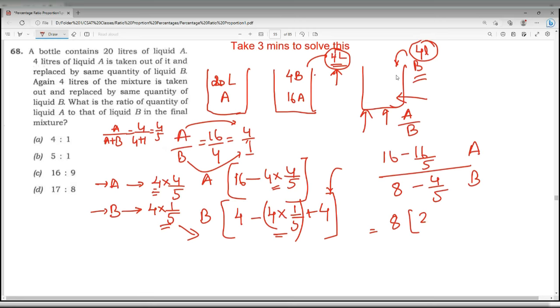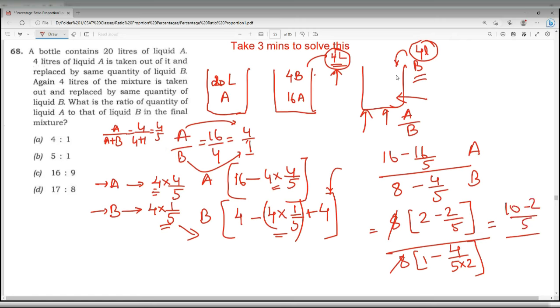This would be 2 minus 2 by 5. Taking 8 common, 8 gets cancelled. This is 10 minus 2 by 5 divided by 10 minus 4 by 5.